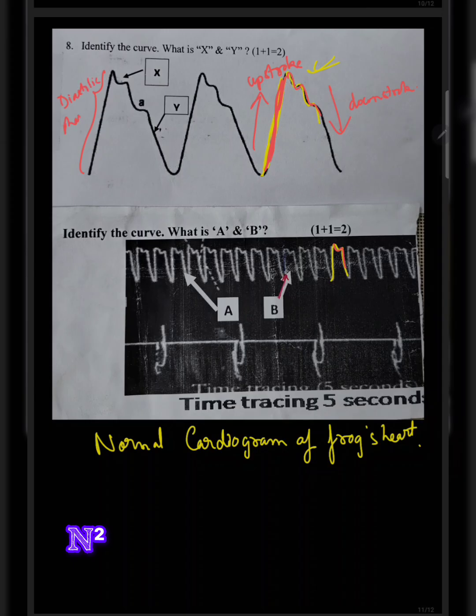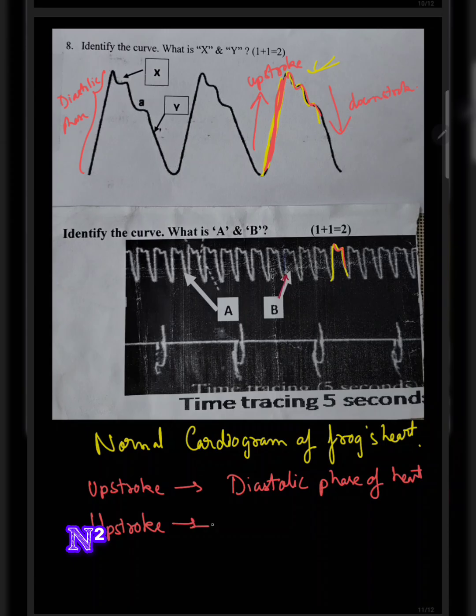The upstroke shows the diastolic phase of the heart, whereas the downstroke is divided into basically three parts.